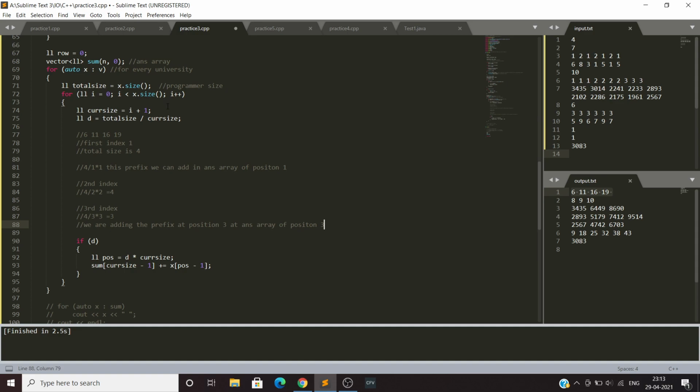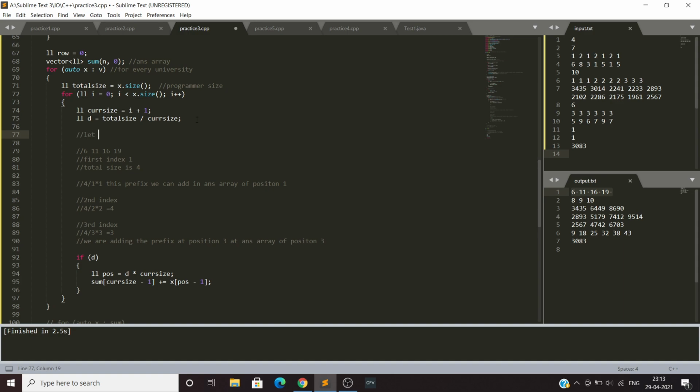We are just iterating up to the total size, because there is no point in iterating from 1 to n. After getting to a position greater than the total size, the total size divided by current size will give 0.